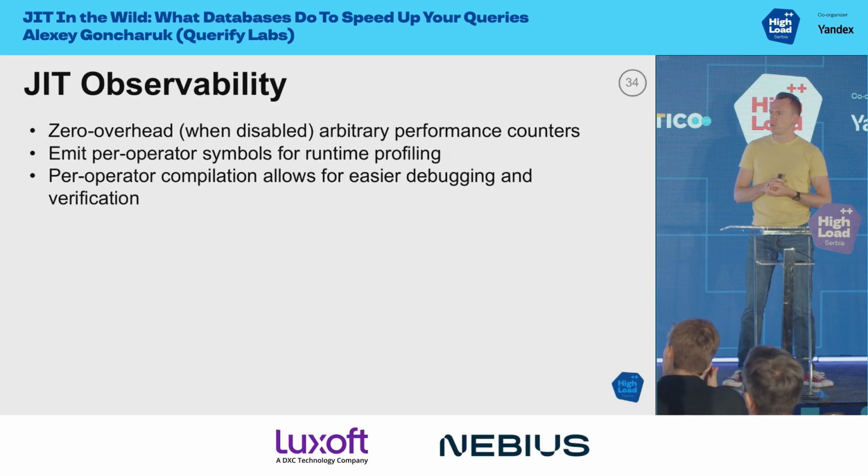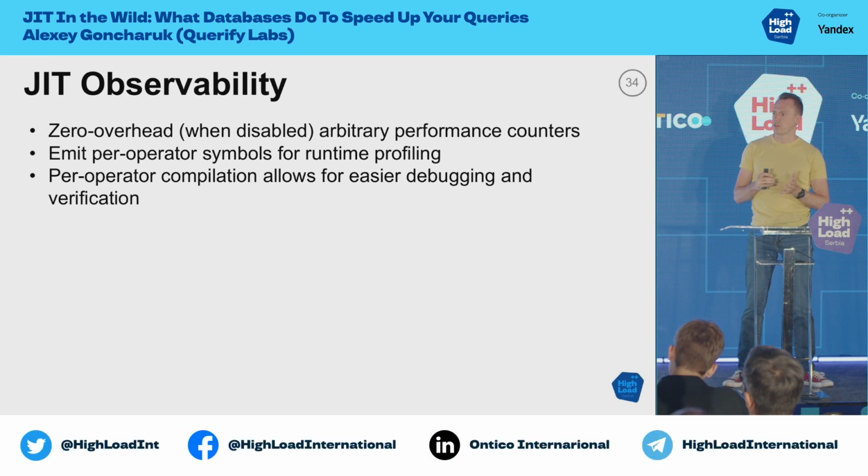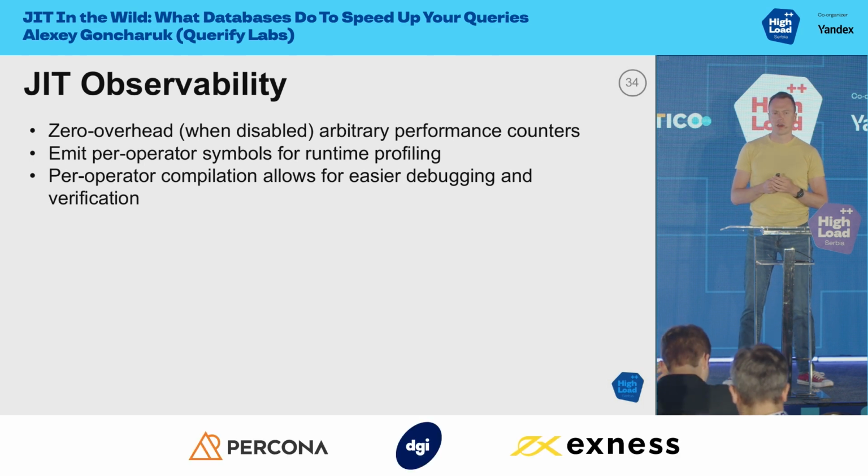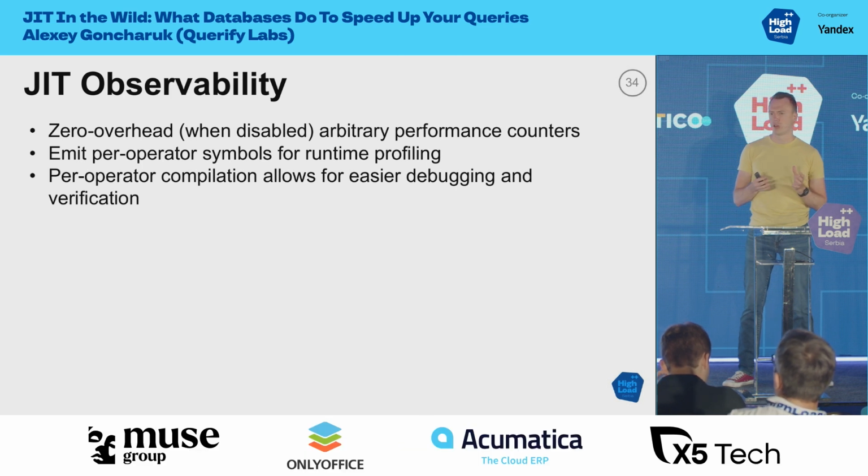One of the benefits that we saw when executing the JIT code is that it gives you great flexibility on how you deal with the code. For example, you may on demand introduce arbitrary performance counters that are built into your relational operators.